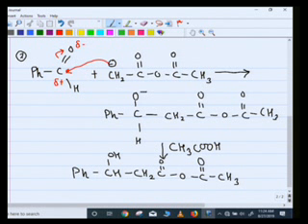Guys, is there any doubt regarding the first 2 steps? Okay, I'll show you once again.